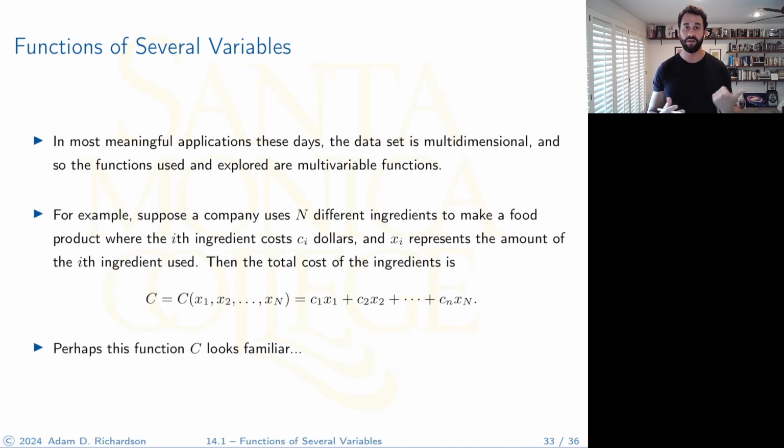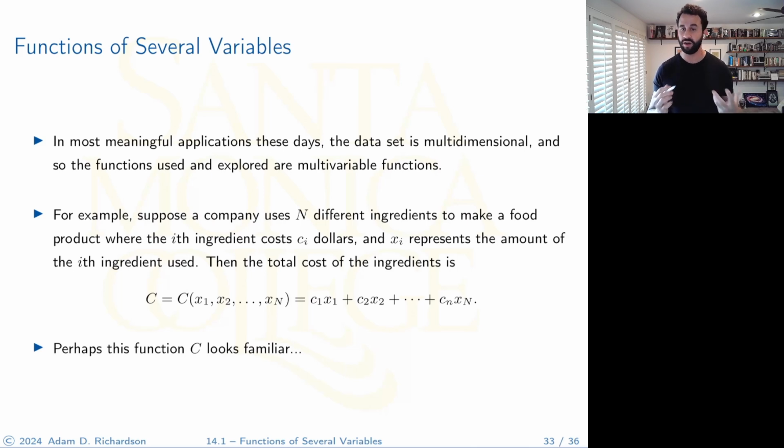Well, we can write it as a multivariable function. The cost is going to be a real number. We need a dollar amount, right? And it's going to be given by this rule: the cost of the first ingredient times the amount needed, plus the cost of the second ingredient times the amount needed, plus the cost of the third times the amount, plus the cost of the fourth times the amount, dot dot dot, all the way up until the nth ingredient.